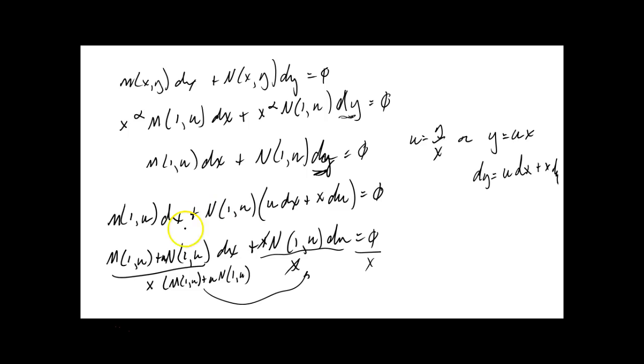What that winds up being, these go out, and this moves over here, and you have dx over x, which I can integrate, plus N of 1, u over M of 1, u plus u N of 1, u dy. That's equal to 0.